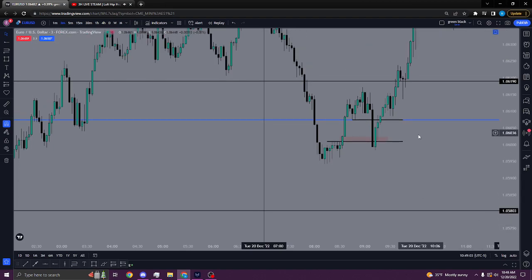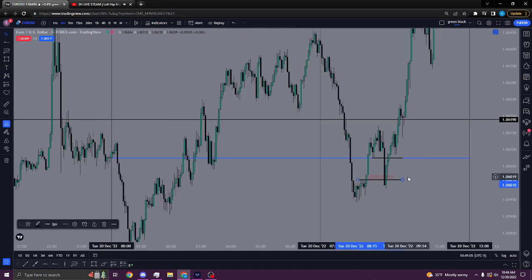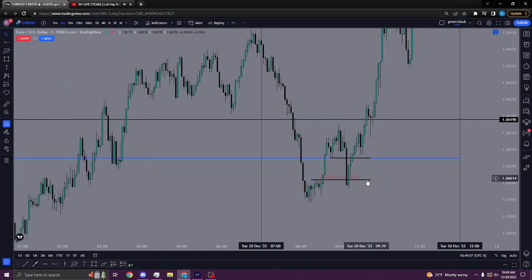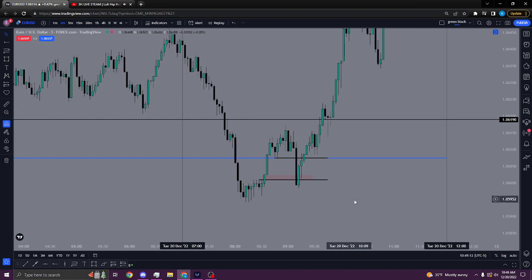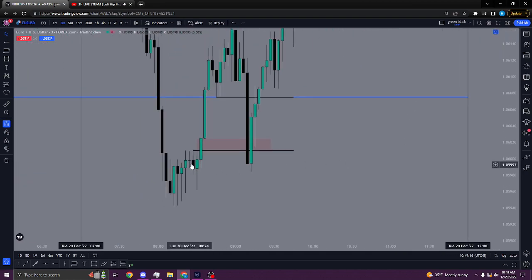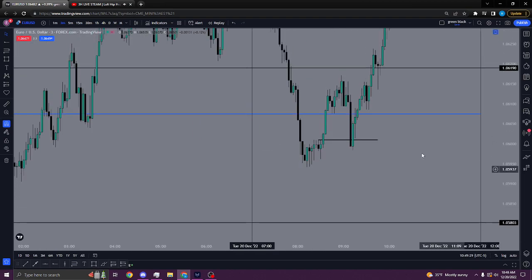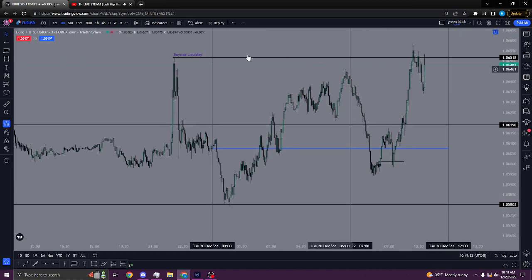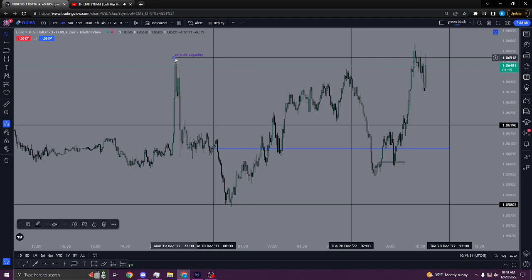Here, buyer. That low end of that 15-minute fair value gap is here. It lines up with this bullish order block as well. So you can use that level as well. So yep, you're a buyer here. And then you look to offset above the buy side liquidity.